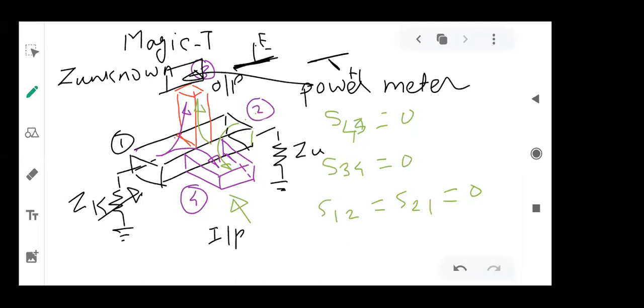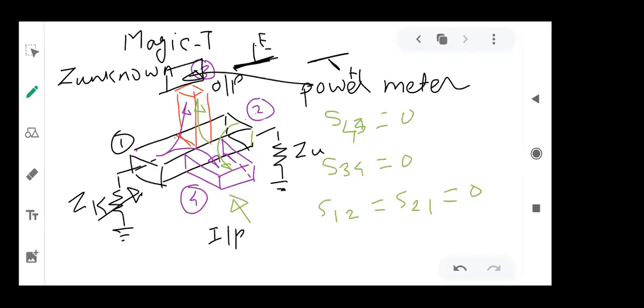So let us consider that ZU is not equal to ZK, and the signal reaching port number 1 and 2 from port number 4, because the impedances ZU and ZK are different, a different amount of power will get reflected. Now you have been learning impedance matching using the Smith chart.